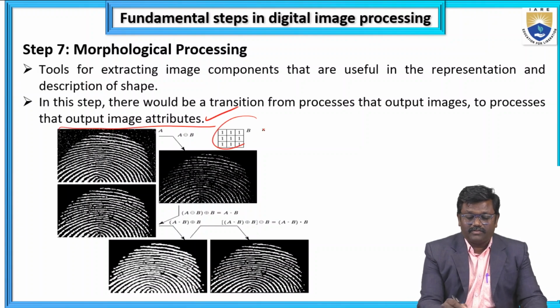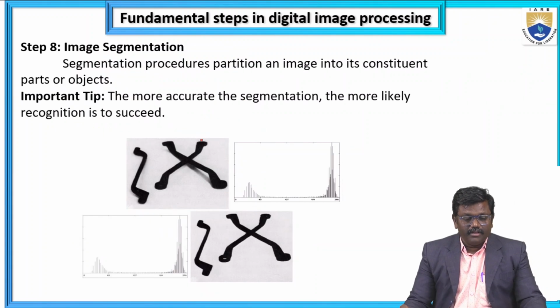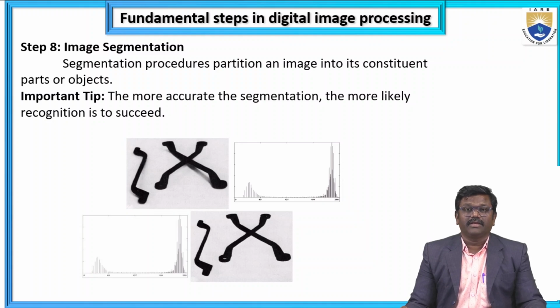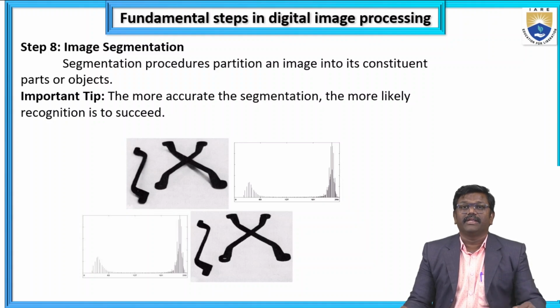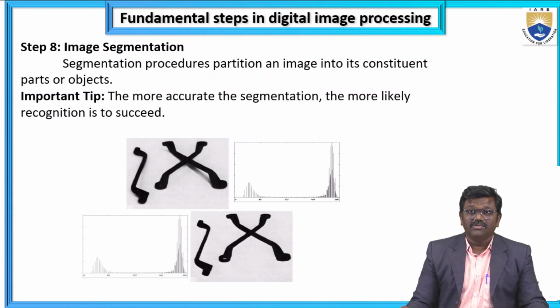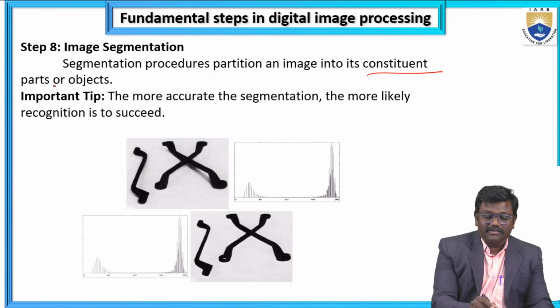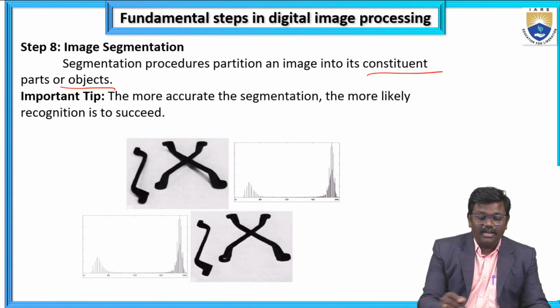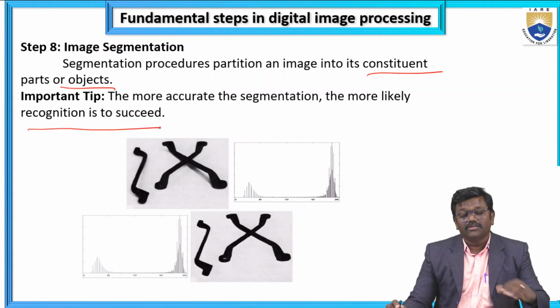Of course, we discussed that one of the processes we use in image processing is segmentation. Segmentation procedures partition an image into its constituent parts or objects, so that recognition succeeds.